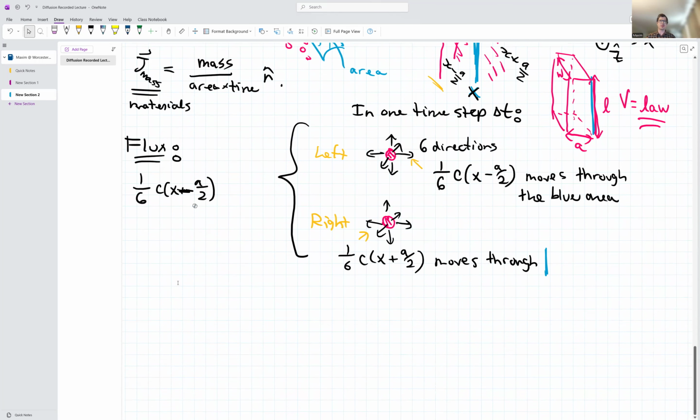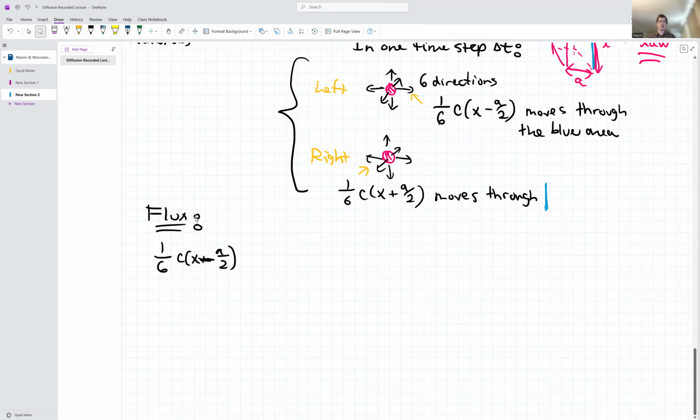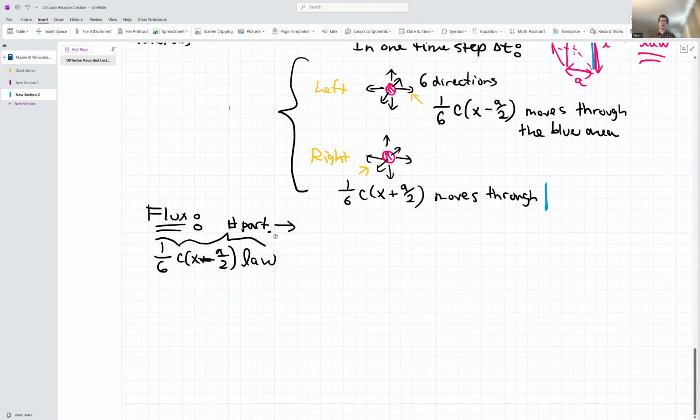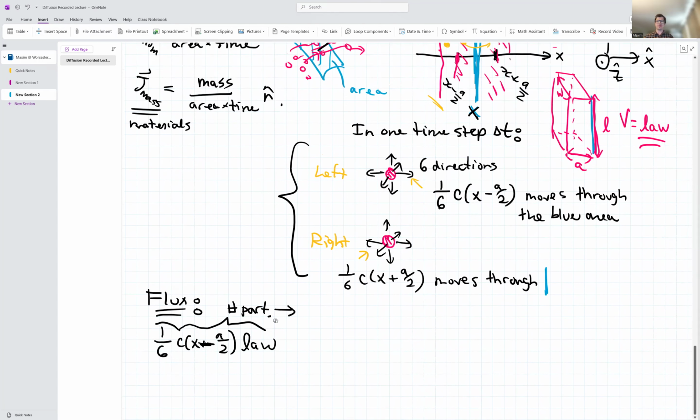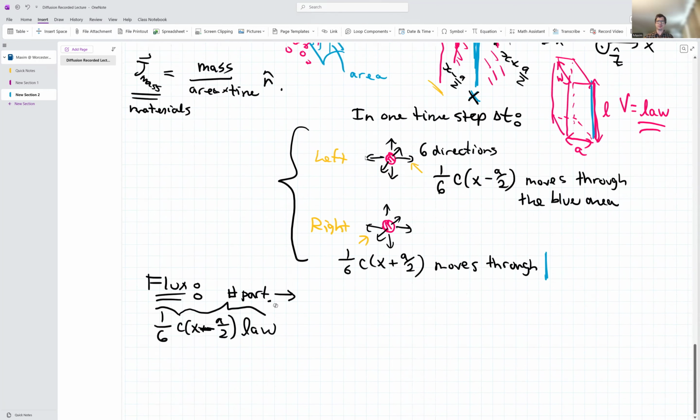Actually, I'm going to run out of room, so I'm going to displace this and put this below. Okay, there we go. And then it's times LAW. So this is the number of particles going to the right, the ones that are moving through the blue area, from the block on the left.